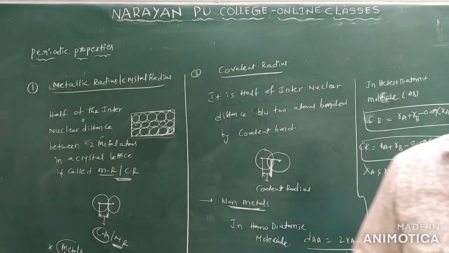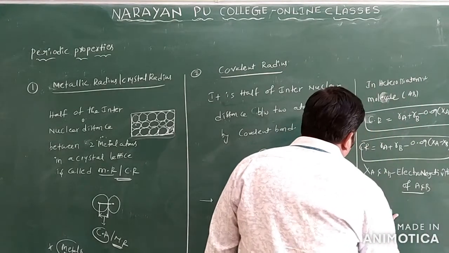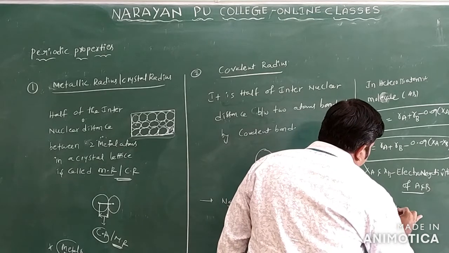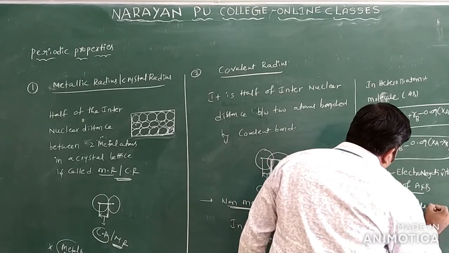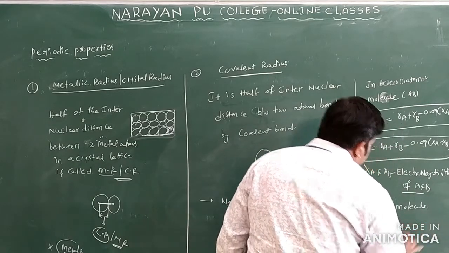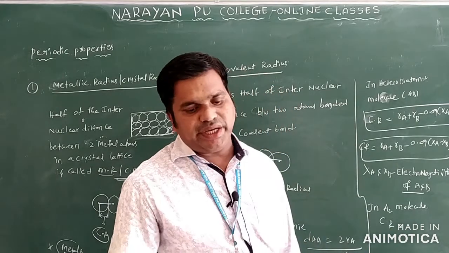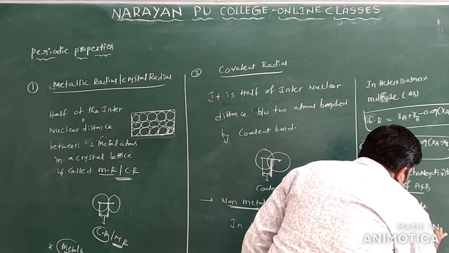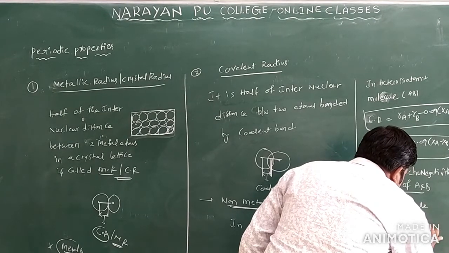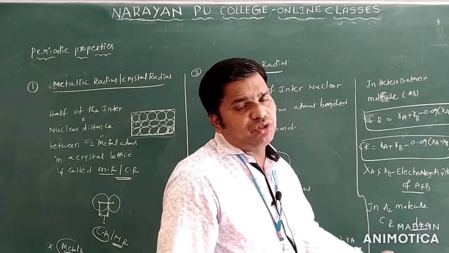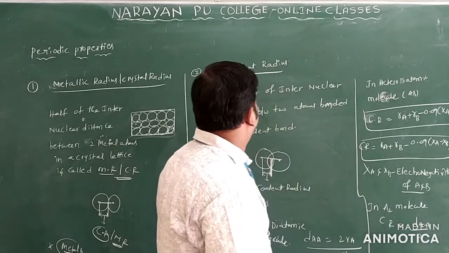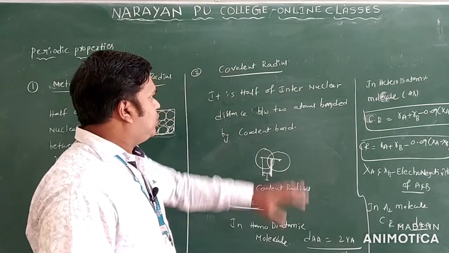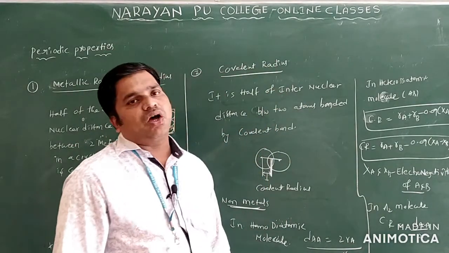And one more: in an A2 molecule, covalent radius is equal to half of the internuclear distance only. I will write D of AA by 2, or you can say 1 by 2 into internuclear distance. This is regarding covalent radius, which is mainly meant for non-metals only.